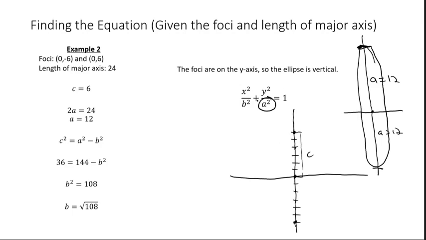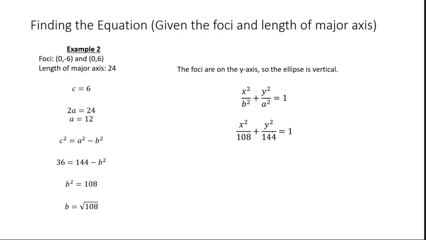So we know it's going to be this equation right here. So a squared would be 144, and then b squared would be 108. So your final answer would be x squared over 108 plus y squared over 144 equals 1. So this is our equation of the ellipse.